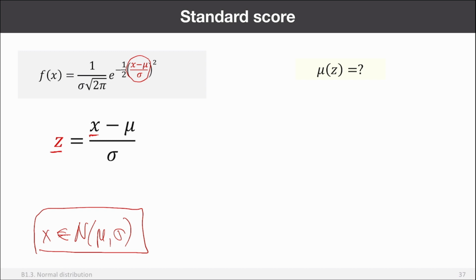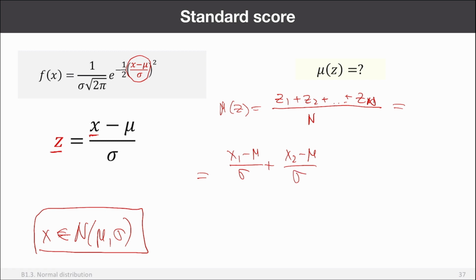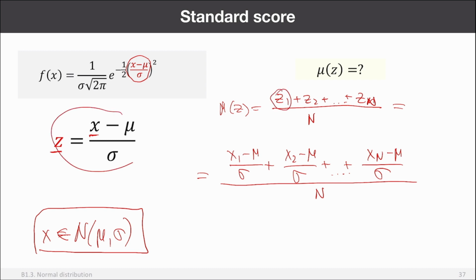If it's a population, the mean of z is z1 plus z2 plus and so on plus zn, divided by capital N. We can write it like this: (x1 minus mu) divided by sigma plus (x2 minus mu) divided by sigma plus and so on plus (xn minus mu) divided by sigma, and then everything divided by n. I simply replaced z using this expression.